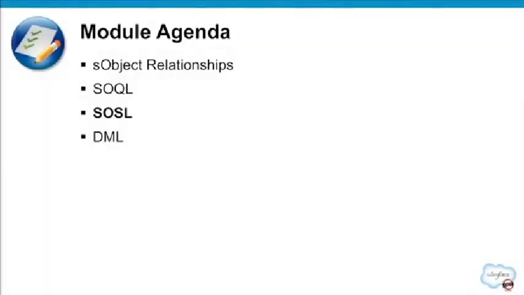All right, so the Salesforce Object Search Language. SOSL is our version of a free text search. When you go to Yahoo or Google and you search for some terms, neither of those systems is backed by a relational database.